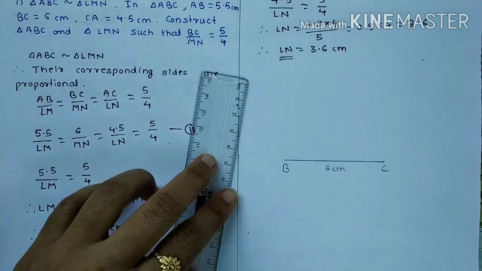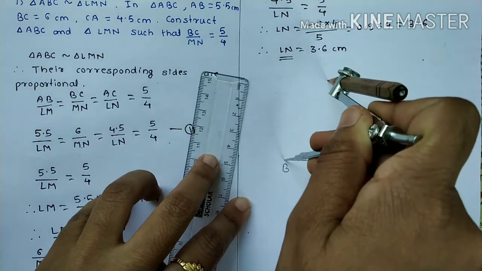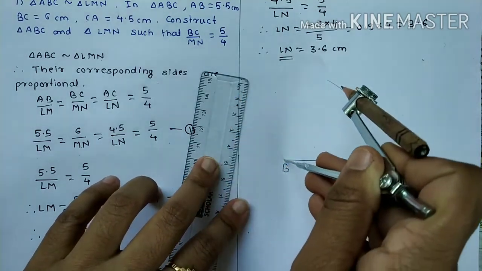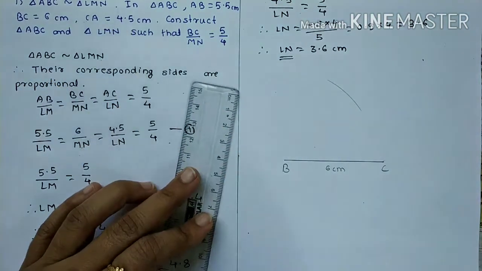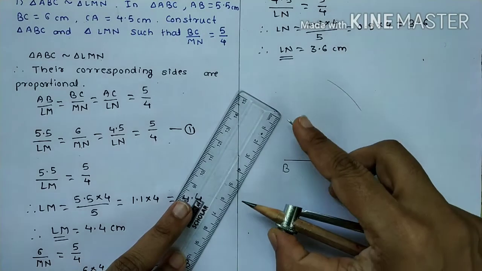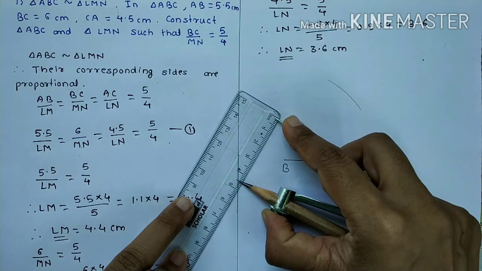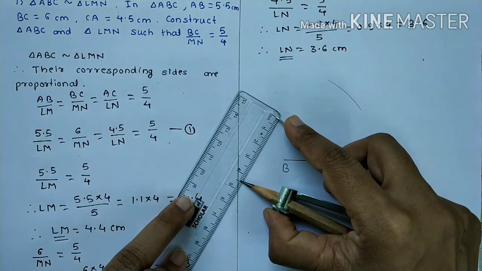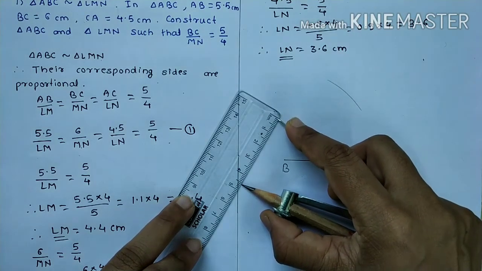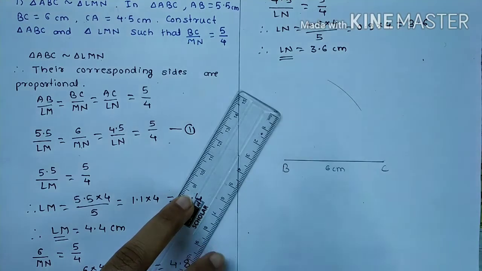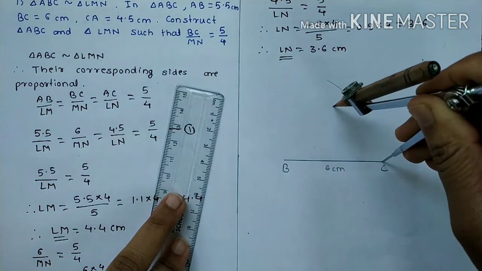Keep pointer on point B and cut an arc in this way. Then length of CA is 4.5 centimeter. Therefore take 4.5 centimeter in compass. From point C cut an arc.